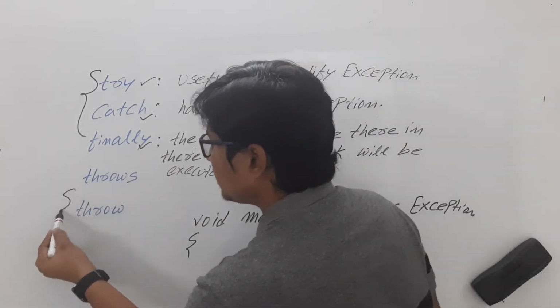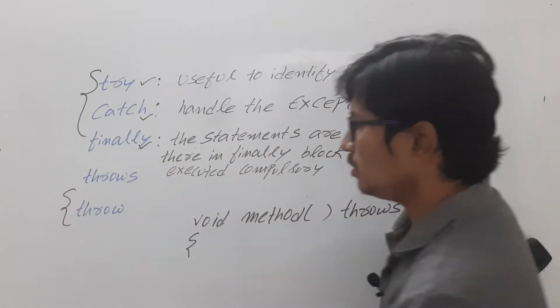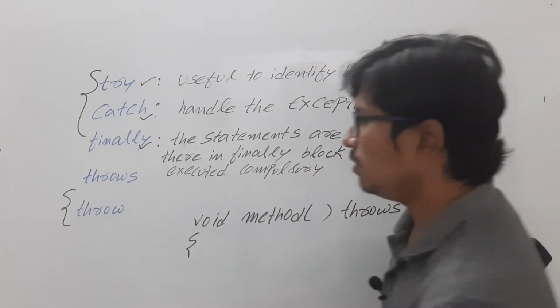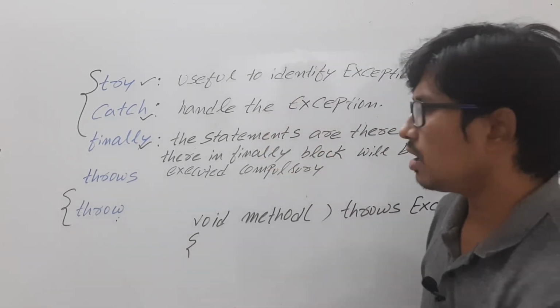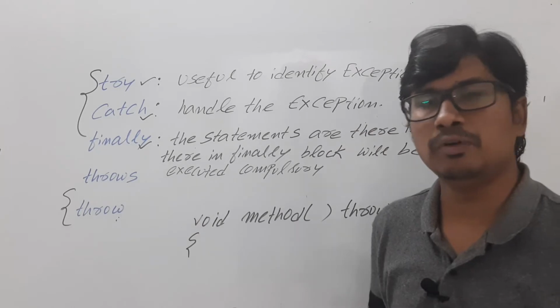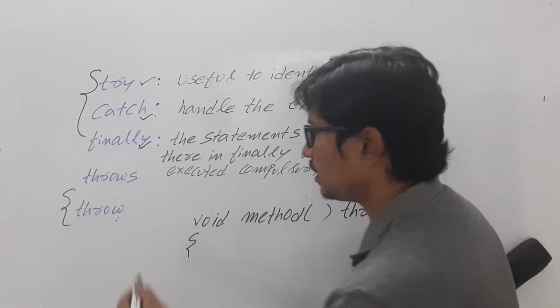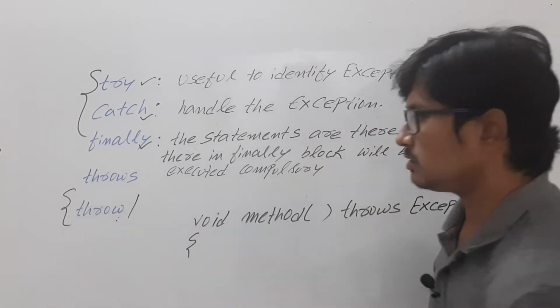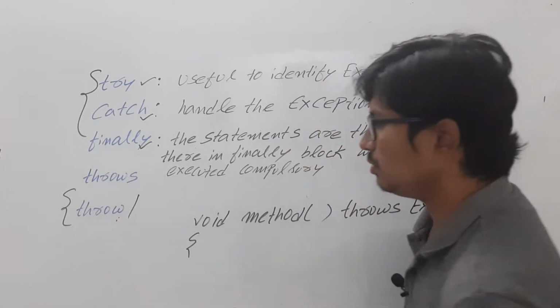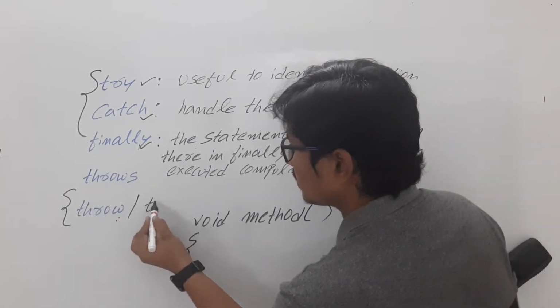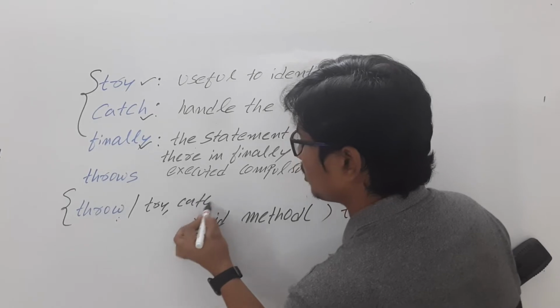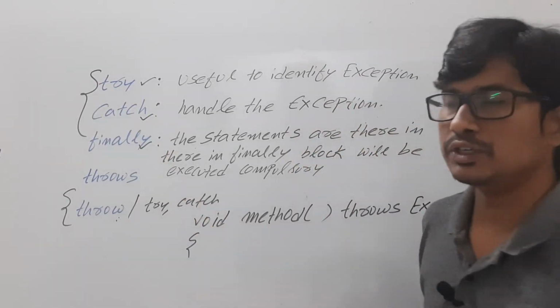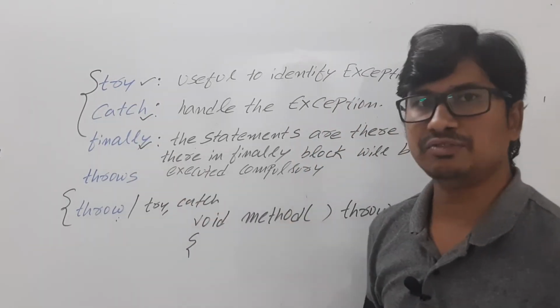And for the checked or user defined ones, we will use throws, or we can handle with the help of try and catch. So checked exceptions we can handle with throws or try and catch, any one of them, but for unchecked ones we should use try, catch, finally.